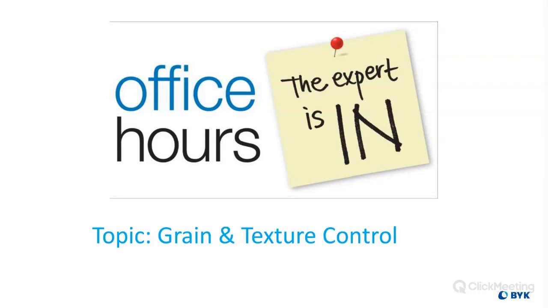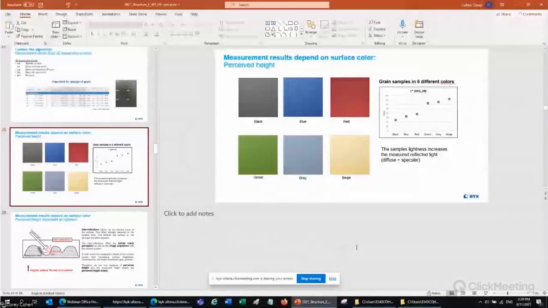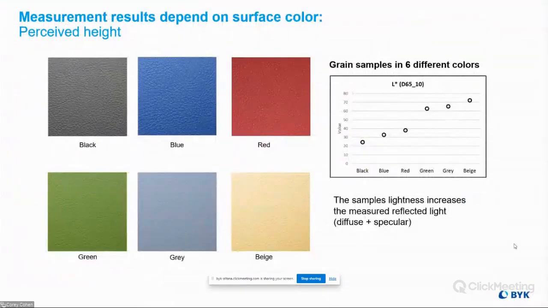And that's exactly what you're going to see with this particular device as well. So what we do recommend, if you're evaluating samples and comparing them to master standards, is that you always maintain master standards in the same color so that you can compare apples to apples.